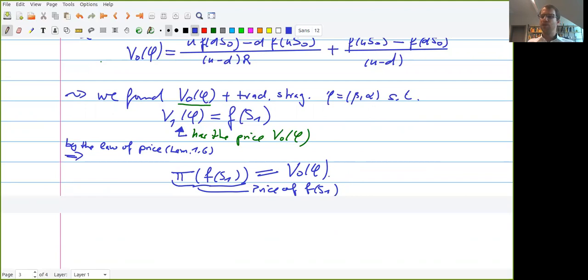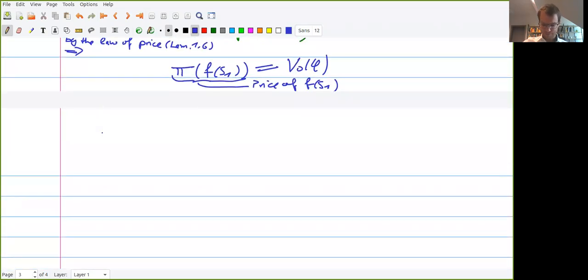Right. So the moment we can find a replicating trading strategy for an option, we know the price, because we want the market to respect our no arbitrage principle. So here in this simple binomial model with one step, we were able to find basically for any option such a replicating trading strategy.